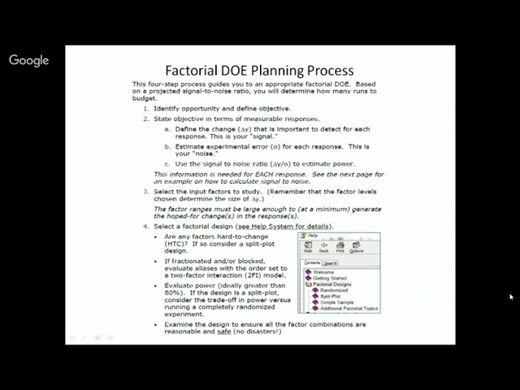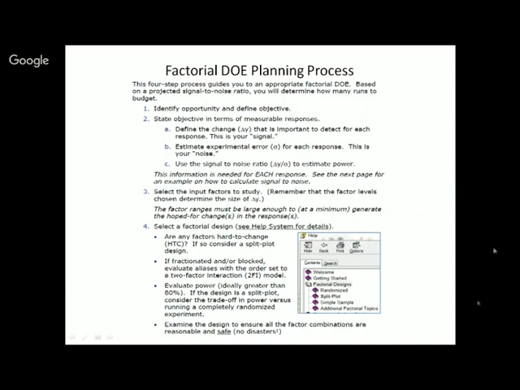Before starting the DOE planning, these are the 4 major steps which will guide you to choose the appropriate factorial design based on your signal to noise ratio. One, you have to identify your opportunity and define the objectives.